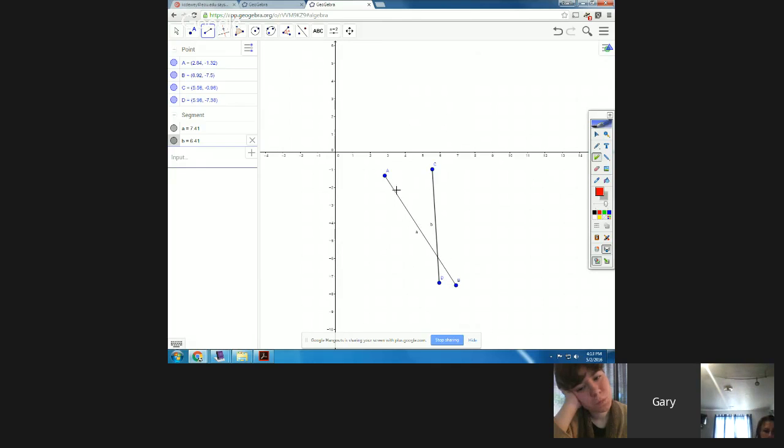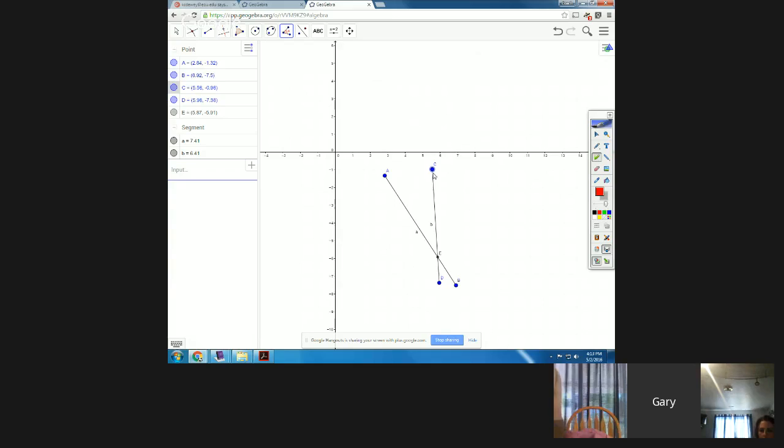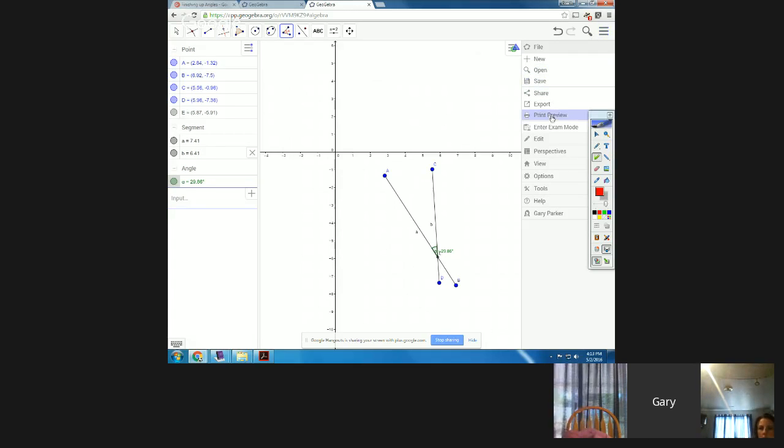And can you see that somebody might try to argue that this angle on the top is bigger than the angle on the bottom? And so then we just say, okay, well, we can put our protractor down on a piece of paper and measure and see, and that's always a good thing to do. Or, let's see, I guess I need the intersection point to measure those angles. And I can say, let's ask GeoGebra what the angle from C to E to A is. Let's make it bigger so everybody in the audience can see.